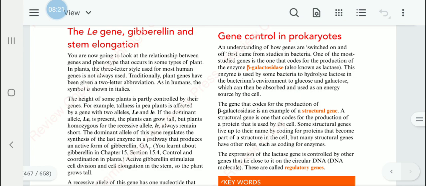Leave a line and write. The phenotype of the dominant allele is a tall plant, but if the plant is homozygous for the recessive allele, within brackets simple L simple E, simple L simple E, then the plant will remain short.